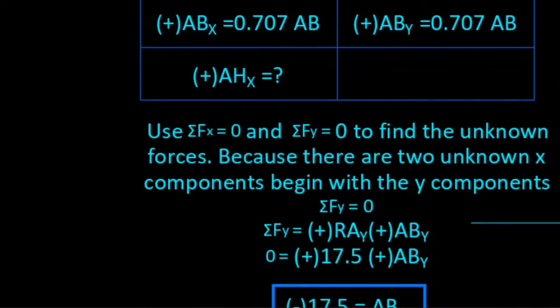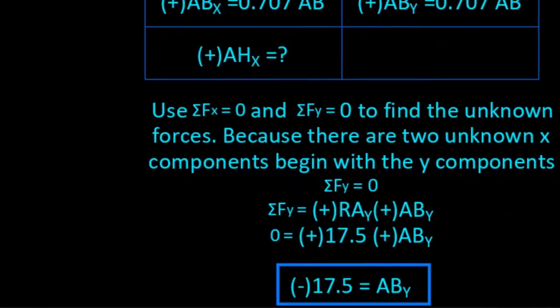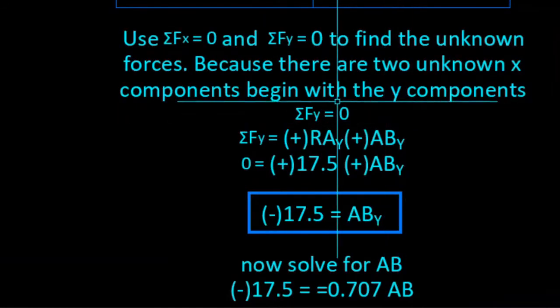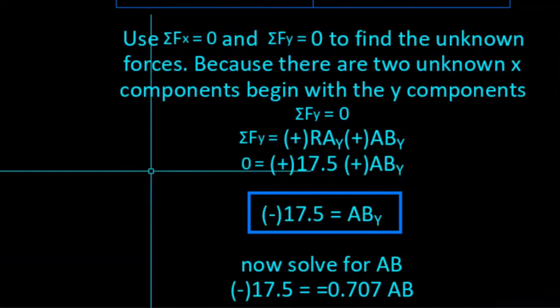Next, we will use the sum of forces in the x direction and the sum of forces in the y direction to find the unknown forces. Because there are two unknown x components, we will begin with the y components first by using, again, the sum of forces in the y direction.